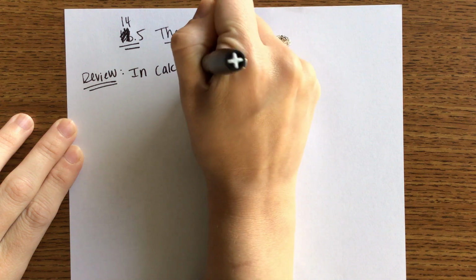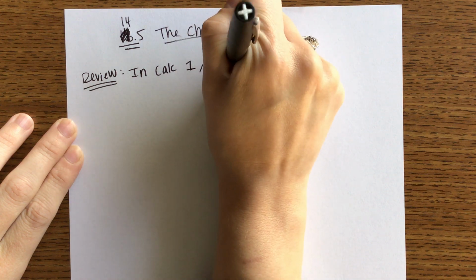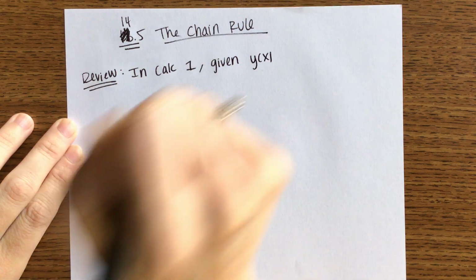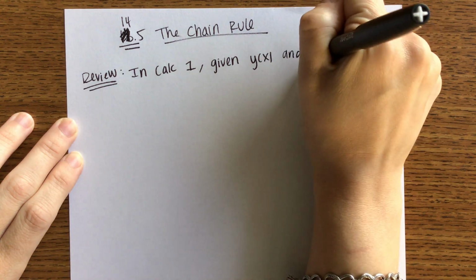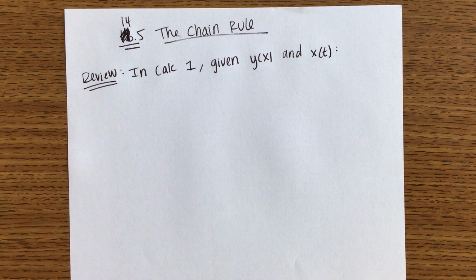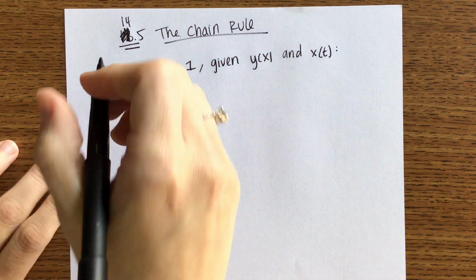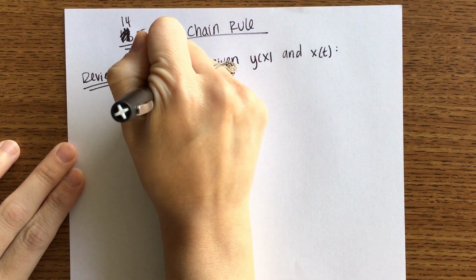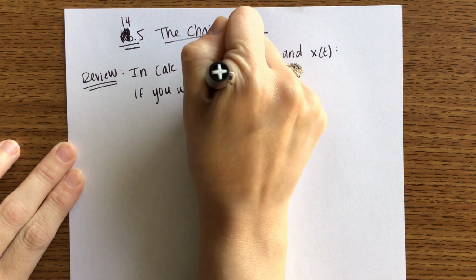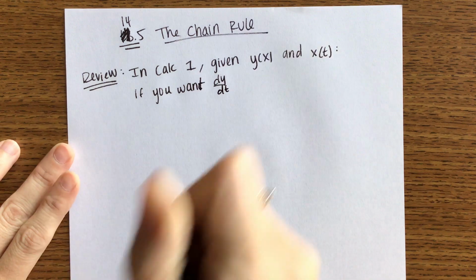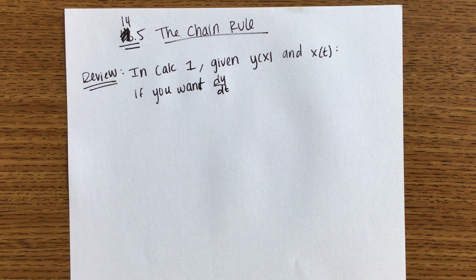In Calc 1, sometimes you were given y as a function of x, and then maybe you were also given x as a function of some variable, like maybe t. And then you wanted dy dt. So this is not how you guys think of the chain rule, but this is how it's going to look for us.